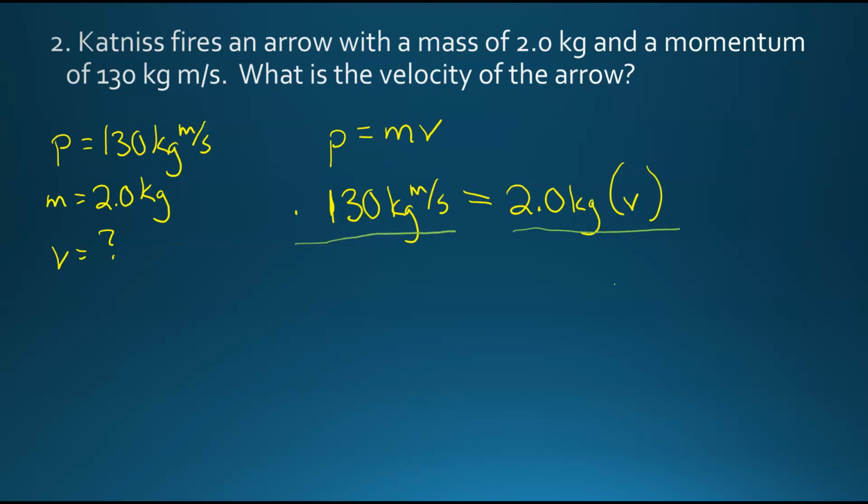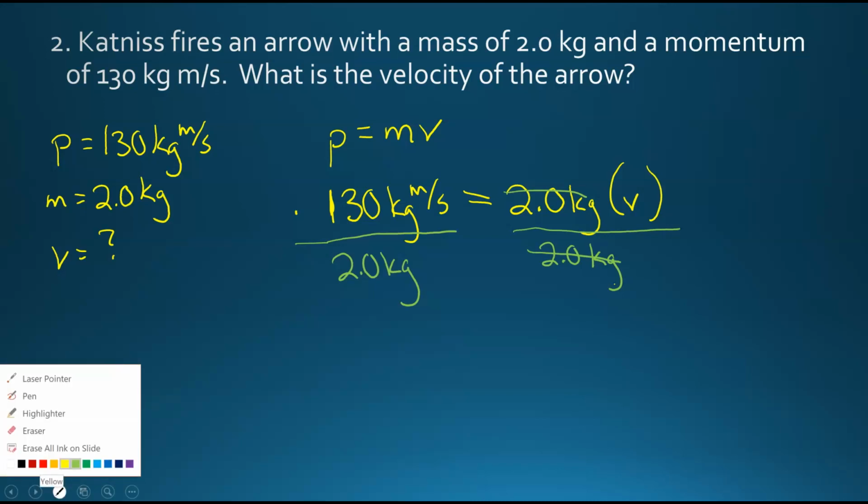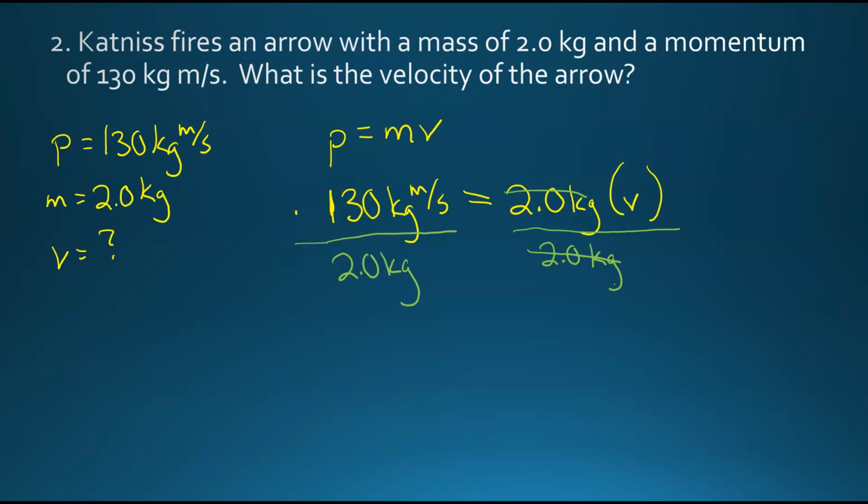The way we undo multiplication is with division. So we divide both sides by 2 kilograms. That means on the right side of our equation, 2 divided by 2, those cancel out. And we're left to find velocity on the left side of our equation.